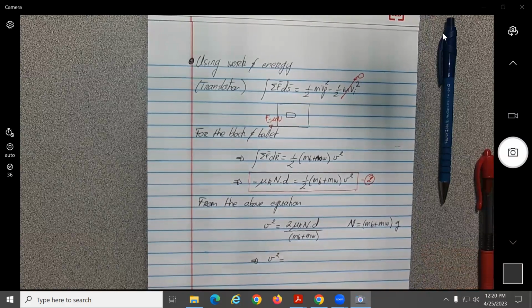So this is going to be equal to 2 mu sub k, if you want to put it here, (m sub b plus m sub wood) g d, divided by m sub b plus m sub wood.